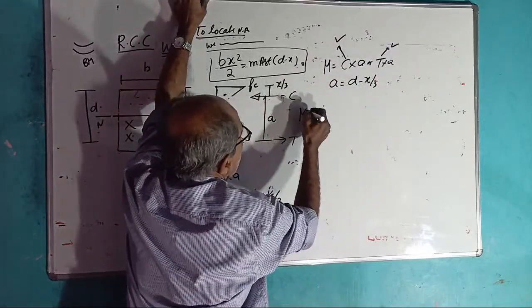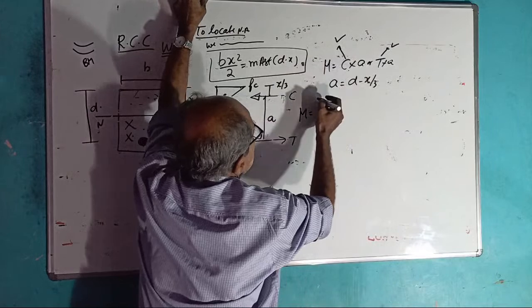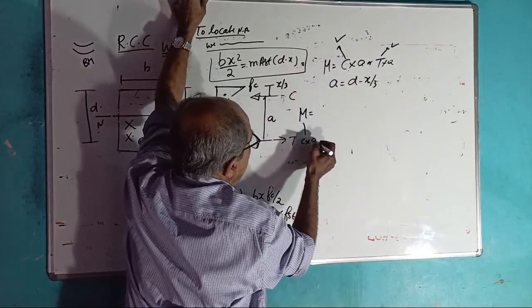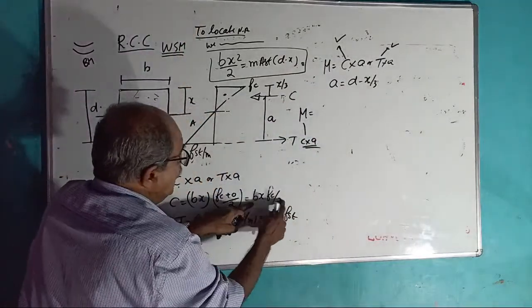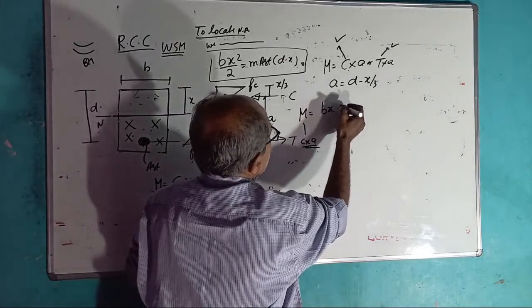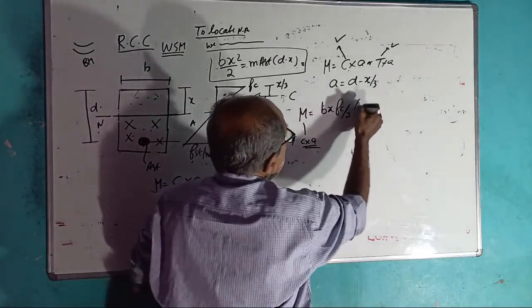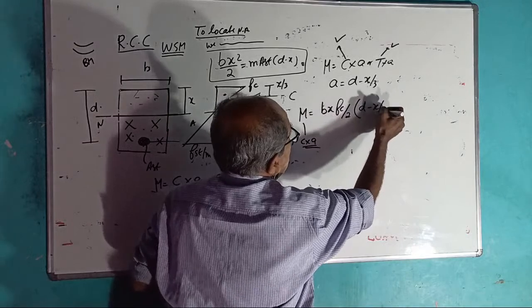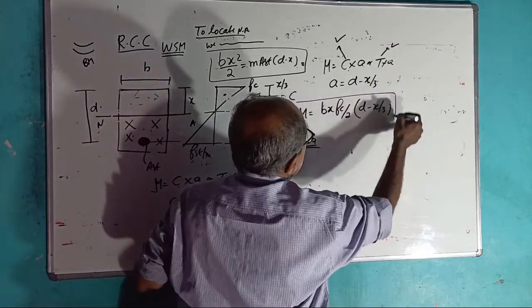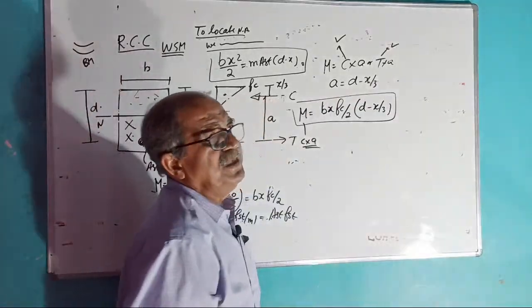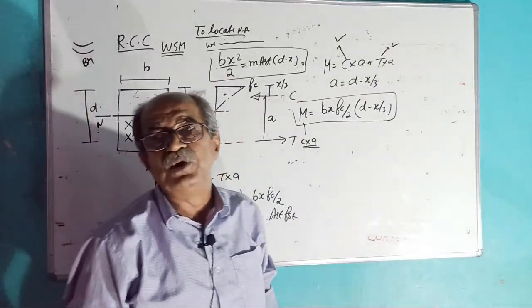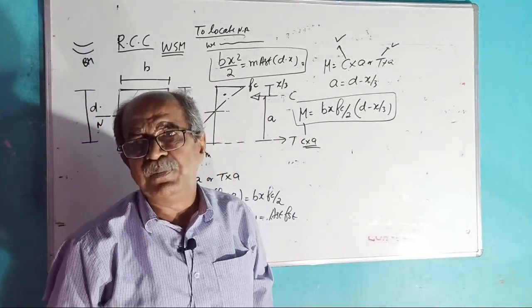Therefore, your M will come. If I use C into A, it will come Bx FC by 2 into D minus X by 3. In limit state, it comes 0.36 into FCK into B into XU into D minus 0.42 XU.